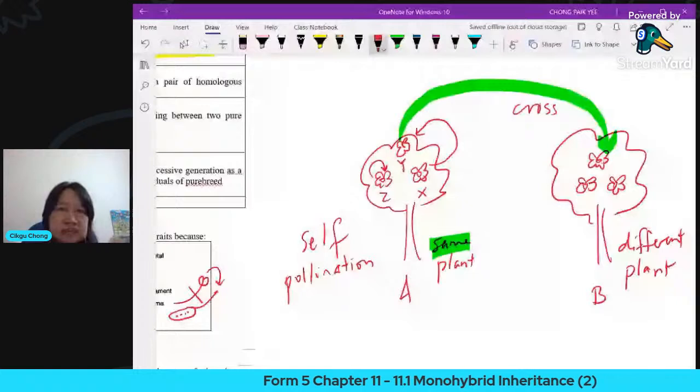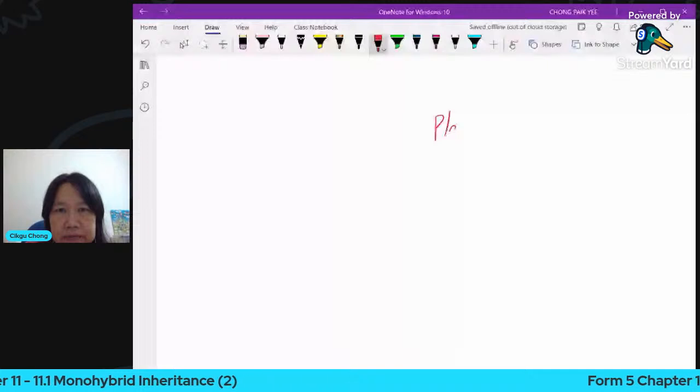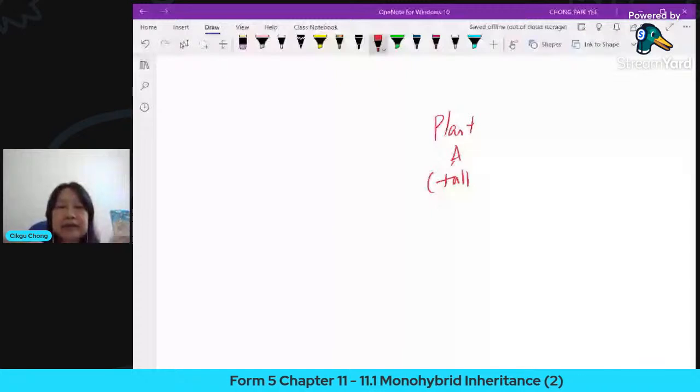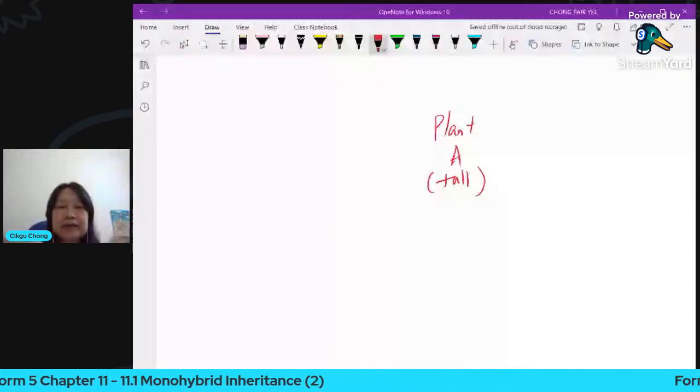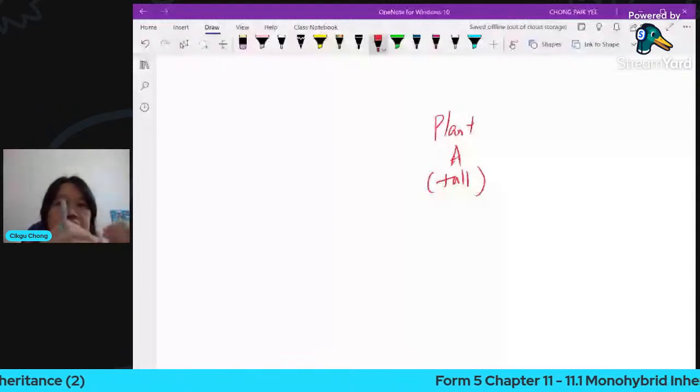Let's say I have a plant A, which happens to be tall. This plant self-pollinates. Let's say the pollen grain of that flower drops onto itself or another flower of the same plant.